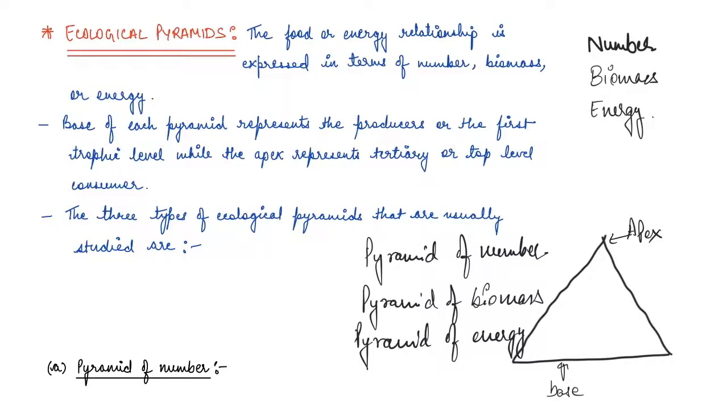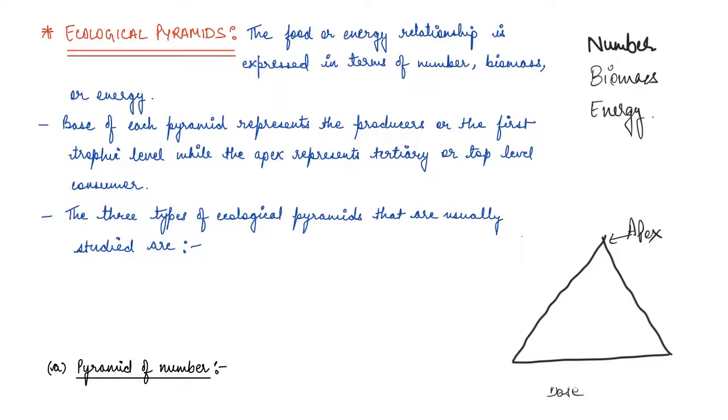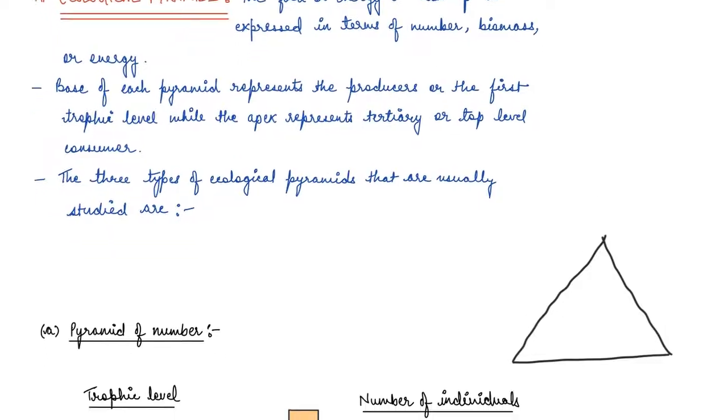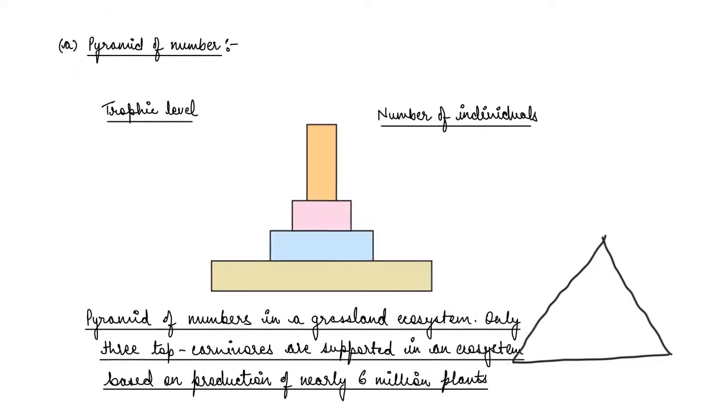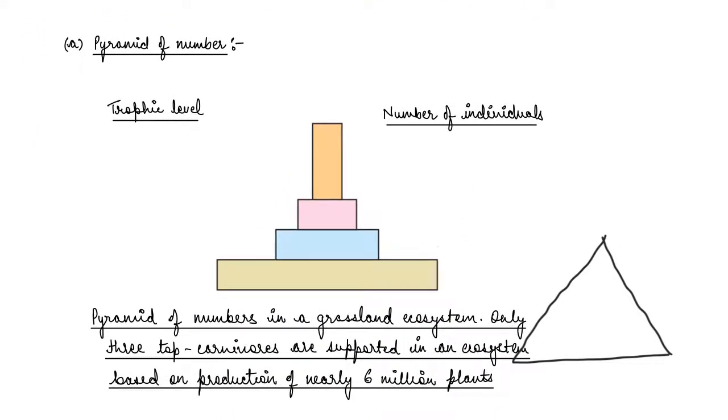Right? So we'll see all these three pyramids one by one, right? Now, remember that any calculations of energy content or biomass or number has to include all organisms at that trophic level. So let's see the first one, which is pyramid of number. So this, guys, is the pyramid of number.